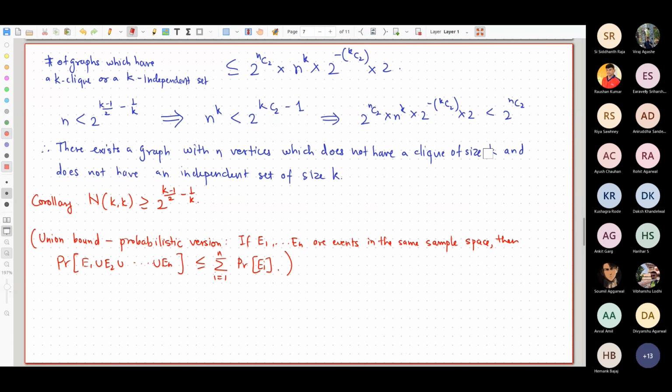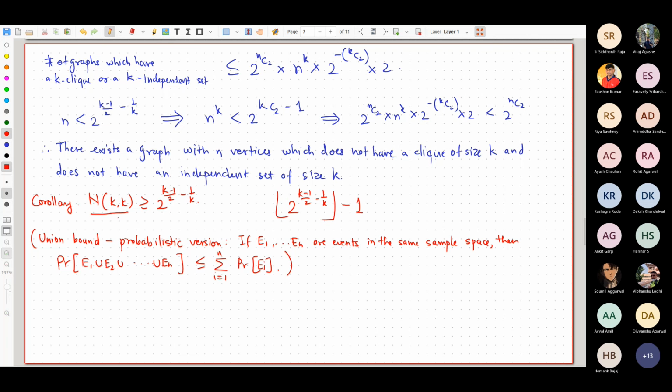I didn't get how we concluded from this that n(k,k) means a graph with n vertices does not have a clique. Okay. So what did we prove? We proved that over so many vertices, 2 to the (k minus 1) by 2 minus 1 over k, let's take the floor of it minus 1, there exists a graph in which you neither have a k clique nor a k independent set.